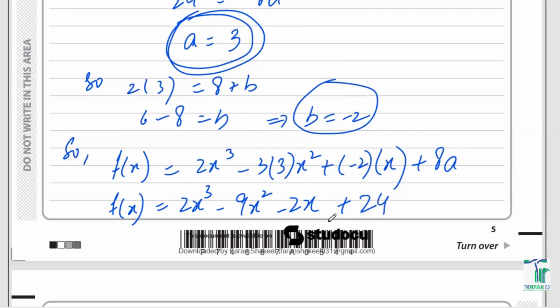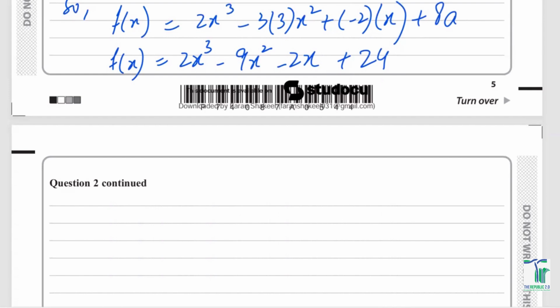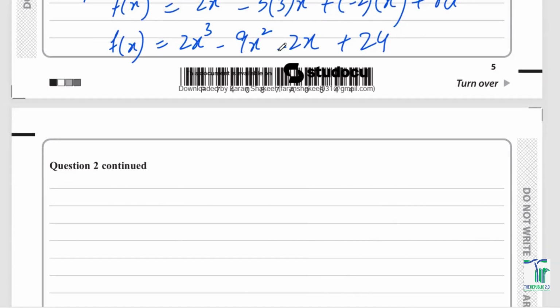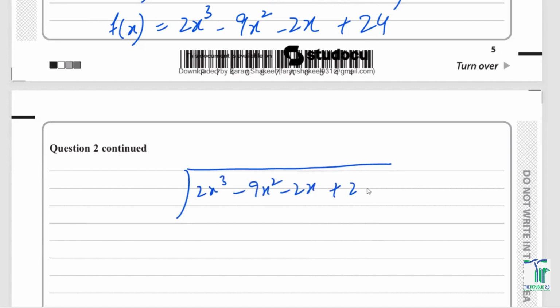right? So we have got this expression, and now we're simply using the inspection method to get the final factors. So what I'm going to do now is write 2x cube minus 9x square minus 2x plus 24. The first factor was x minus 4. I'm going to multiply it by this thing.